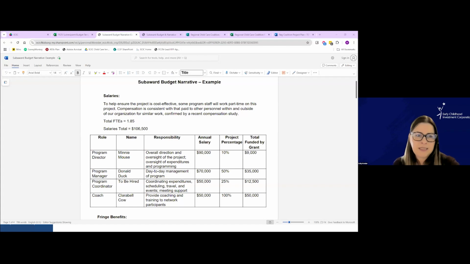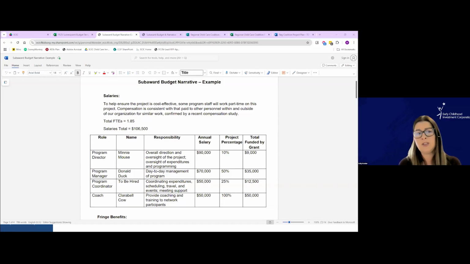Here you can see in this table, we do want to break down by role. So on the budget, it's okay if you want to put just the role and the other required information. You can feel free to include names as well, whatever's most helpful to you in the budget.